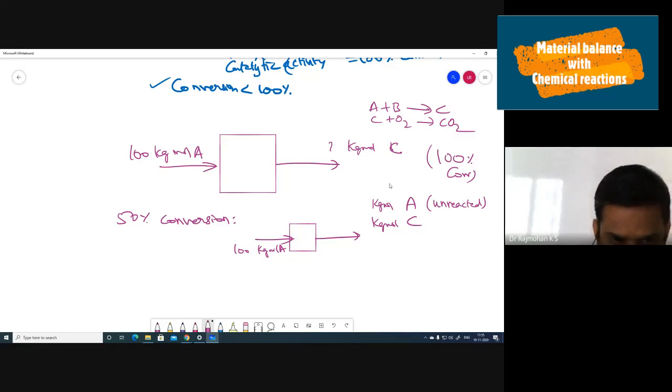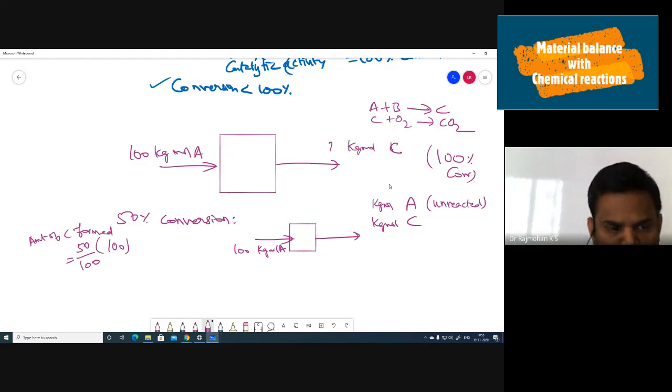Okay, so how to know how much kg moles is present? If it is 50% conversion, out of 100, only 50% is taking part in the reaction, right? So the amount of CO2 formed is out of 100, only 50%. That is 50 kg mole will take part in the reaction, right?